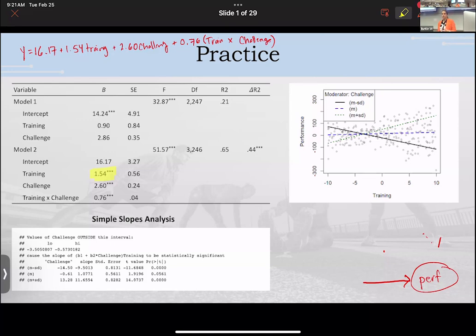This is super critical. It's centered data, which means we're plugging in a 0 for challenge, so the moderator term, the change in slope, doesn't impact anything. It stays at 1.54. That's the slope between training and performance when challenge is average.